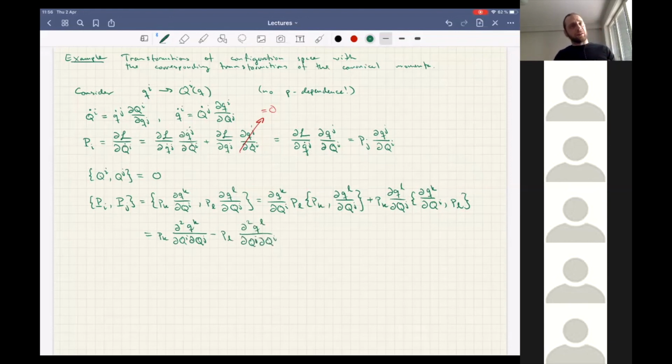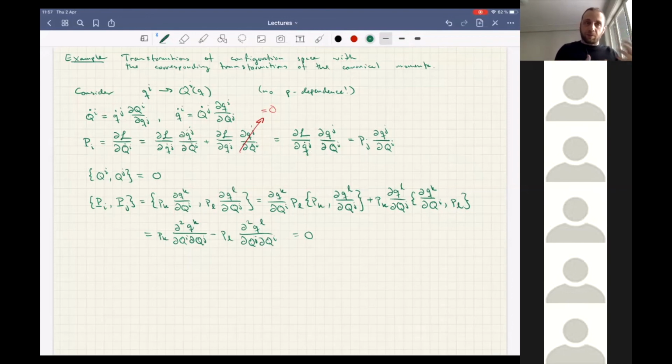The only difference in those two terms is what we have called the summation index. So this is indeed equal to 0.